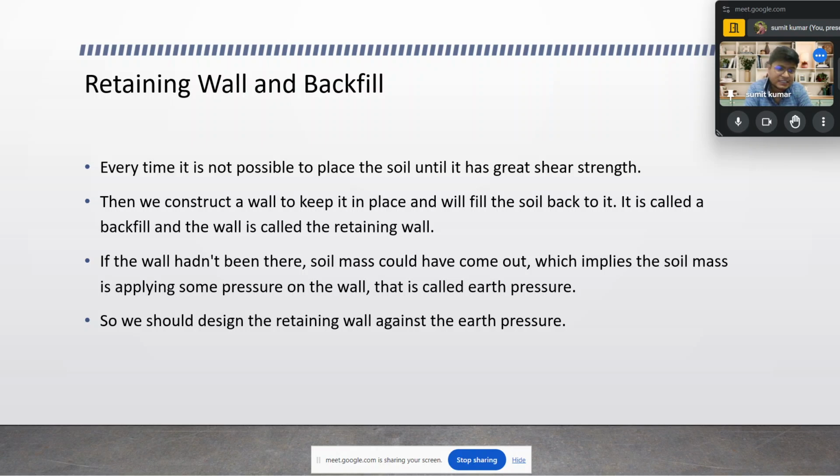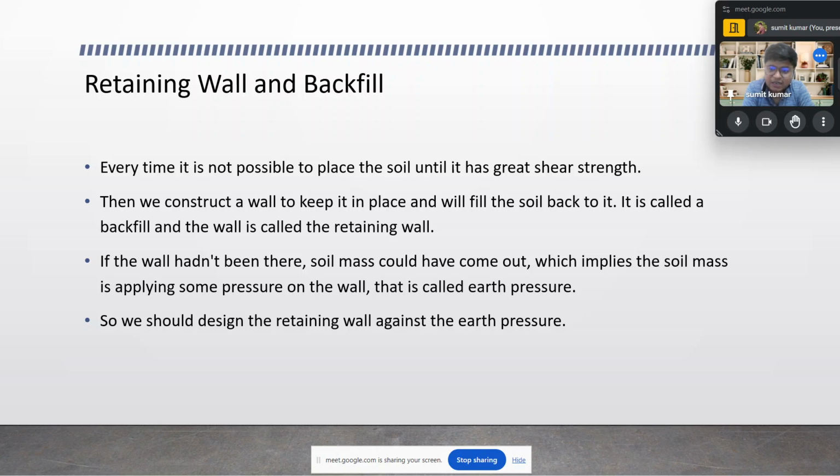That wall is created, and the pressure applied by the soil mass behind or ahead of that wall is ultimately replicated in the form of active and passive earth pressure, right? Okay, so we construct a wall to keep it in place and we fill the soil back to it.